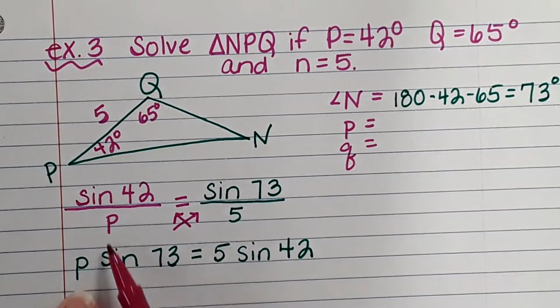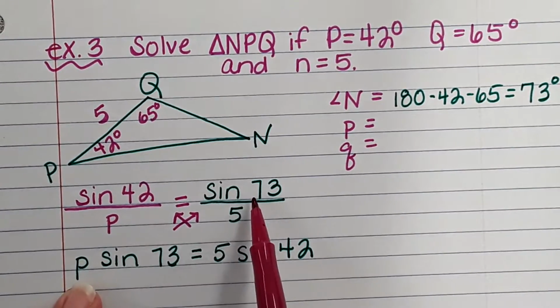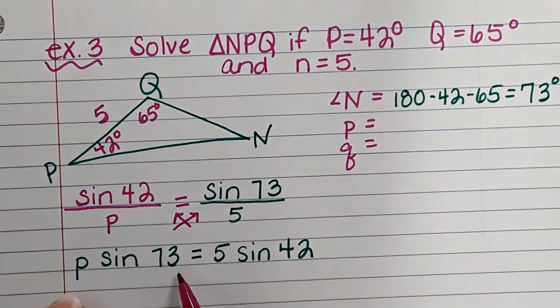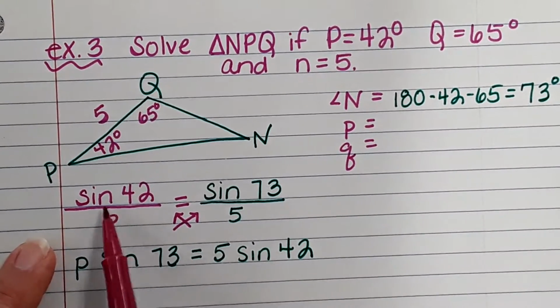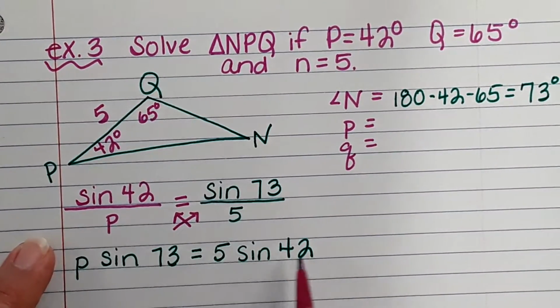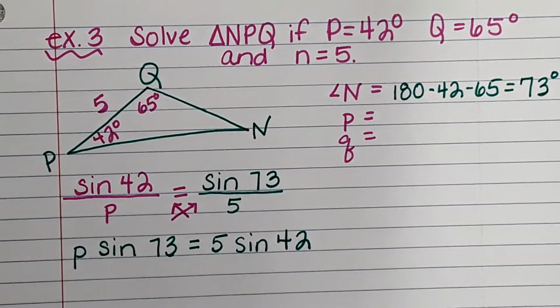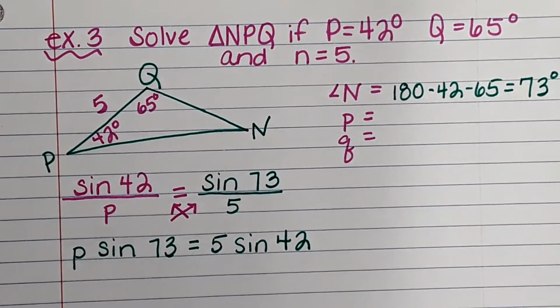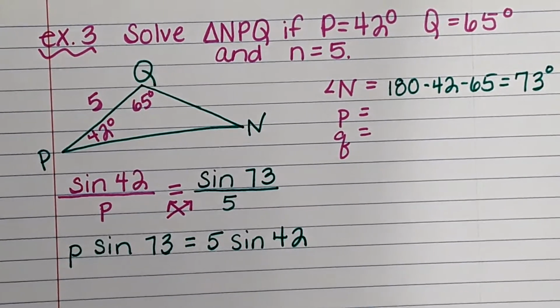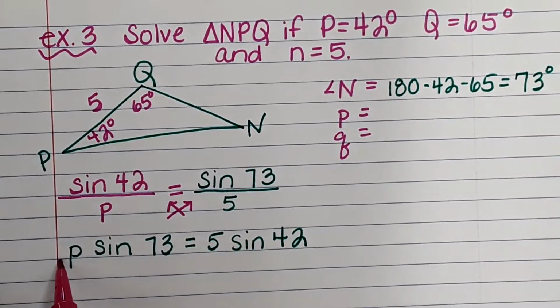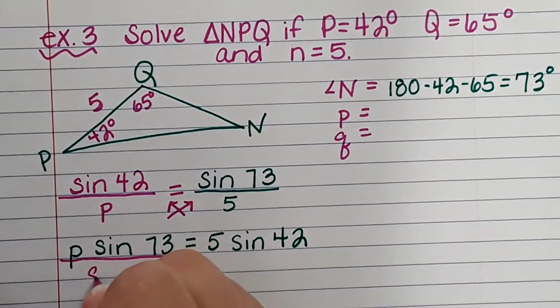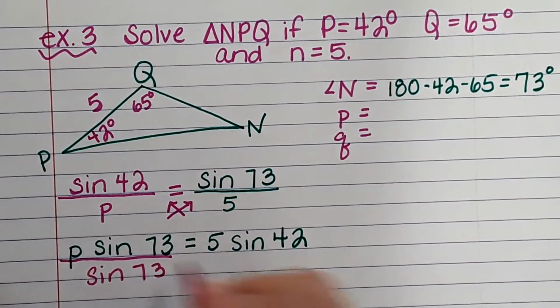So again, I just cross multiplied. p times sine of 73 is p sine 73. 5 times sine of 42 is 5 sine 42. Now before you start entering stuff into your calculator, let's get p by itself. In order to get p by itself, I'm going to have to divide by sine of 73.